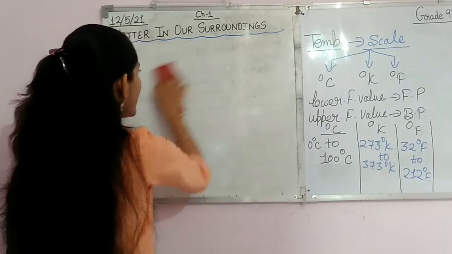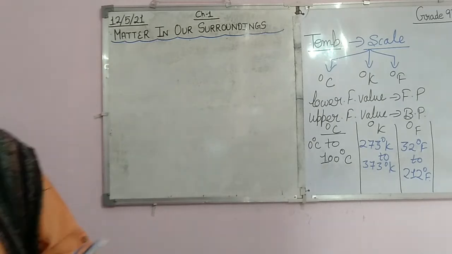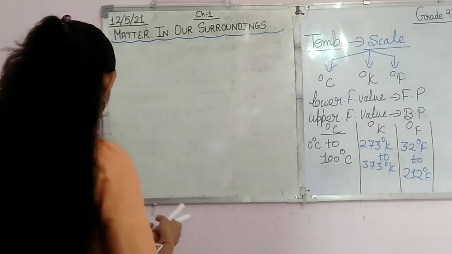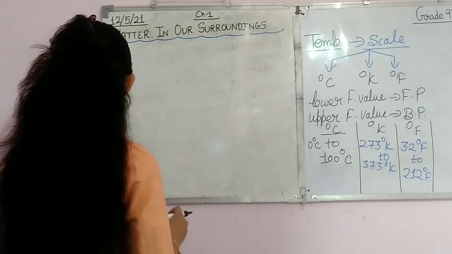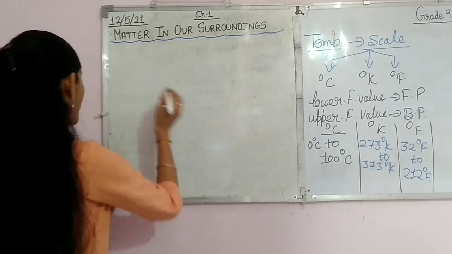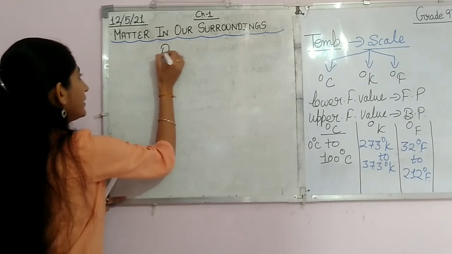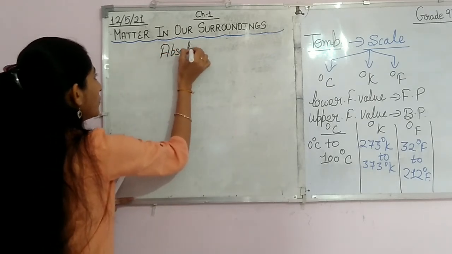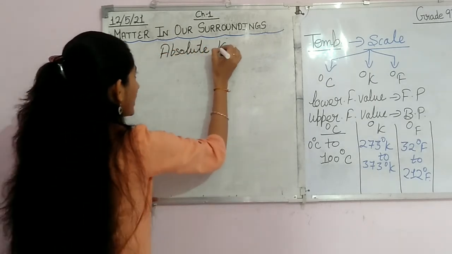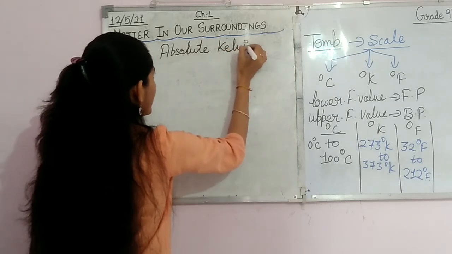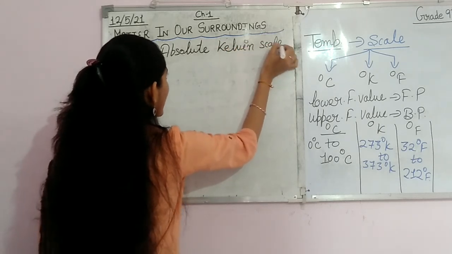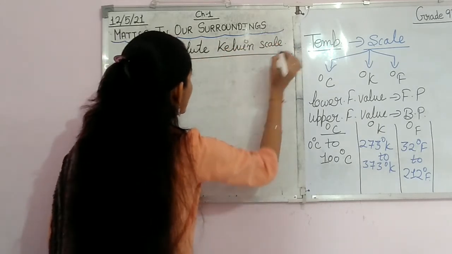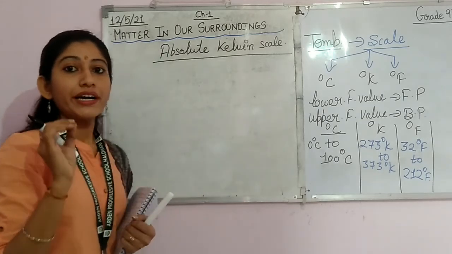We have one scale that is called absolute Kelvin scale, and the temperature we measure there is called the absolute Kelvin temperature. So we will write here absolute Kelvin scale. What is it? The scale where we measure the absolute Kelvin temperature.